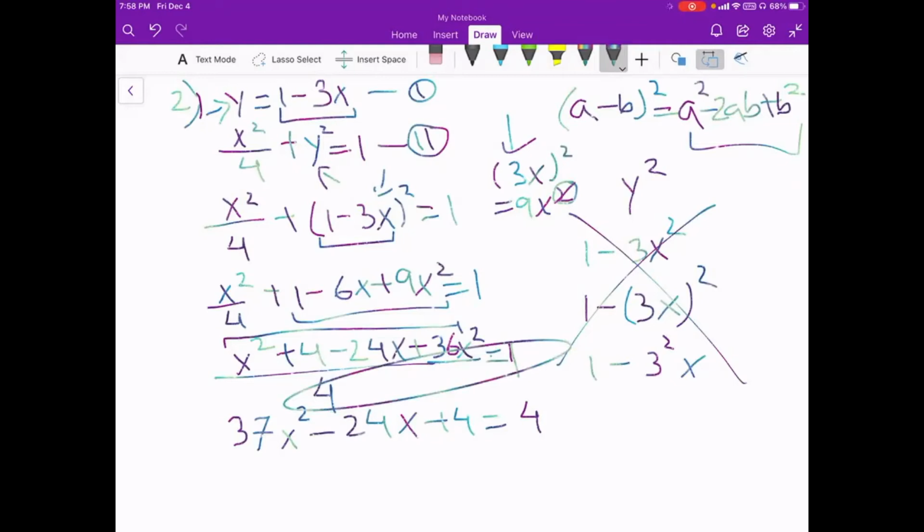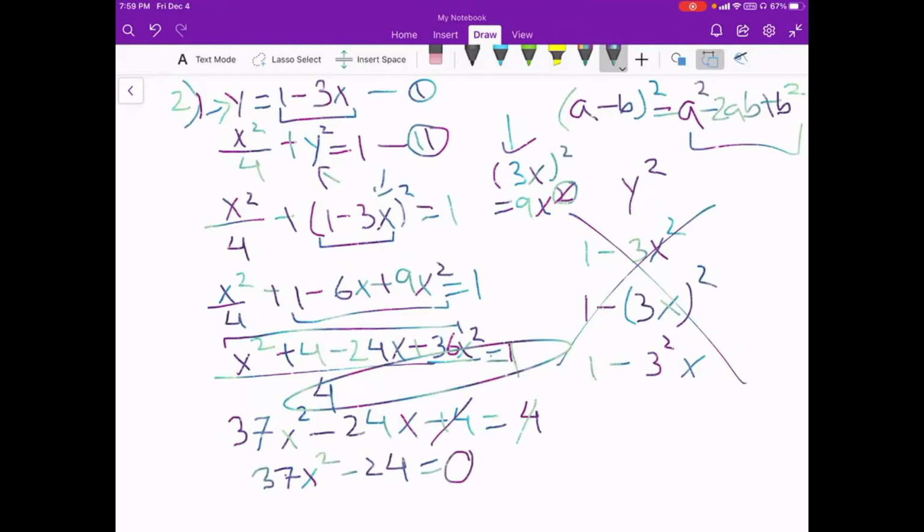And then from there, I should be able to see that I have 4 on both sides of my equation, so you can cancel them out. And you're just left with 37x squared minus 24x is equal to our lovely 0. Now, what do you do next?